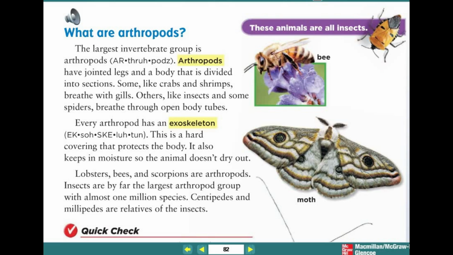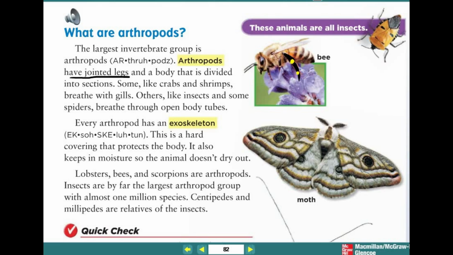The first feature of these arthropods is that all of them have jointed legs. If you look at the leg of this honeybee, for example, can you see that the leg is jointed like that? If you look over here, we have something between all of the parts of the legs.